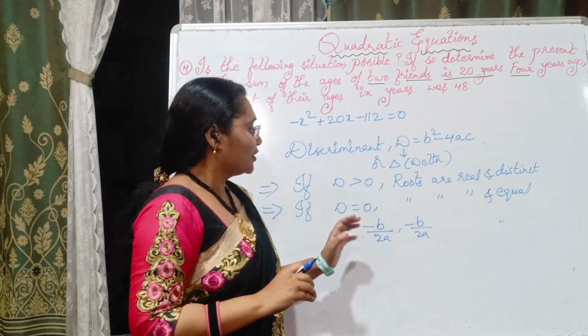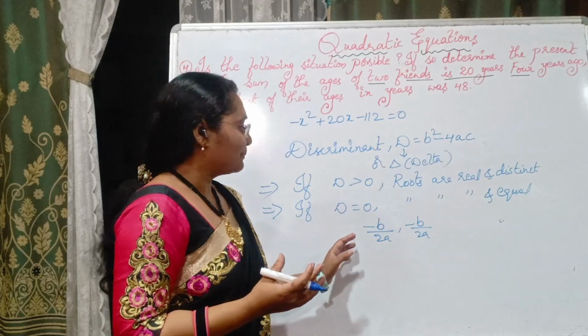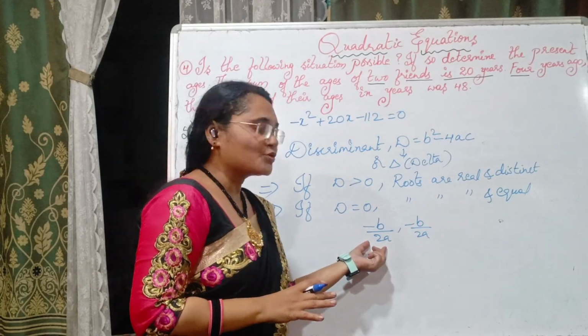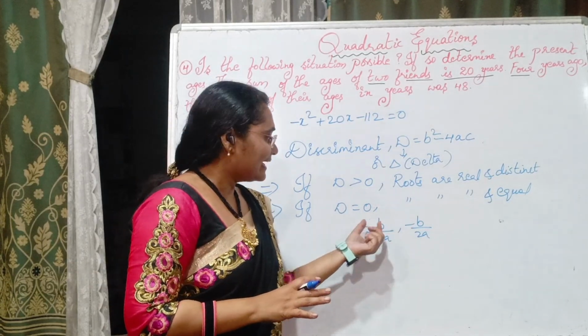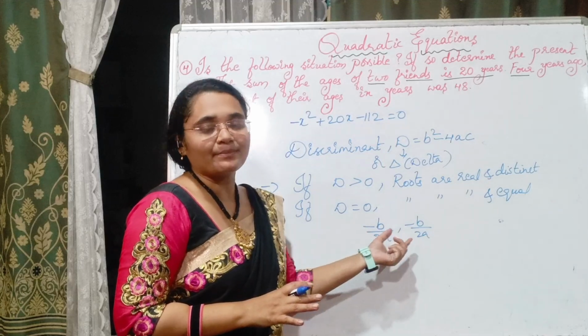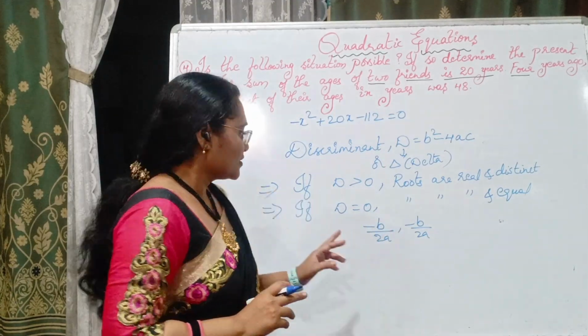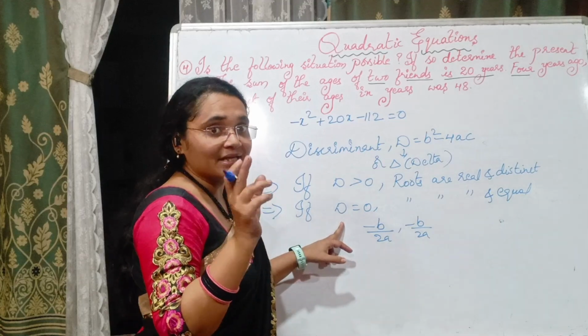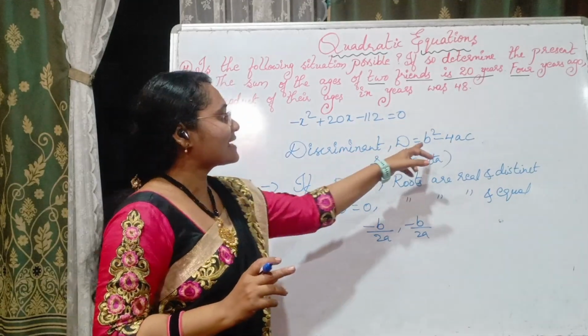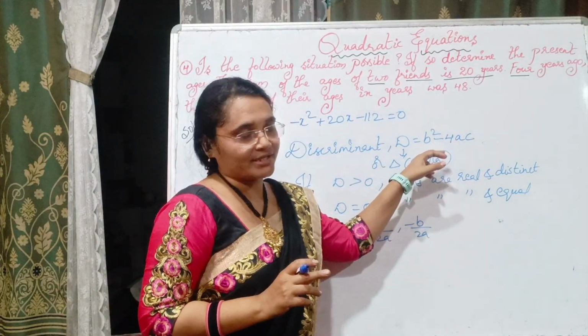You can directly, blindly substitute the values of b and a in this formula, minus b by 2a and minus b by 2a. If you find one, automatically you get the two roots. So that is the case when the discriminant is 0. Discriminant in the sense b square minus 4ac.